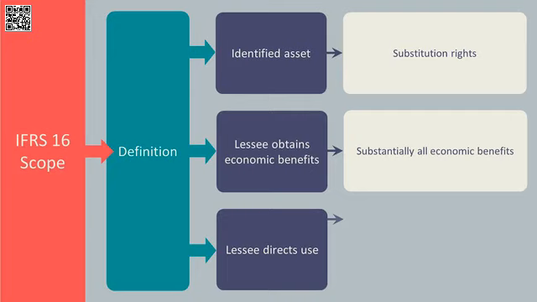Now it could be that we are essentially leasing the production equipment of that third party in order to produce these car seats. But we would look at the level of orders that was going to this third party. And if we were only using 30% of the third party's production capacity, then we don't have access to substantially all of the economic benefit, and this would not be a lease agreement.